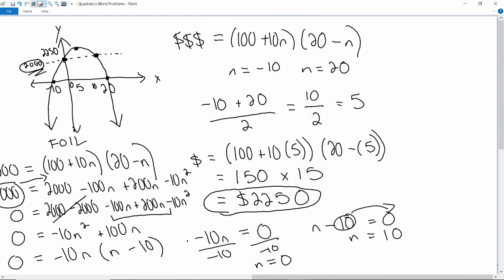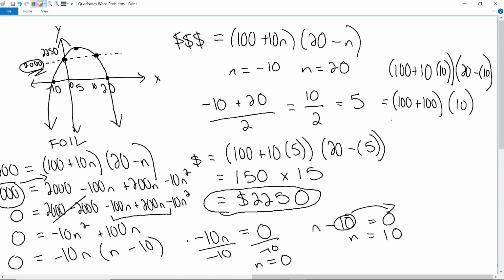If I have my original equation of 100 plus 10n, and I set the number of price changes to 10, I'm going to get 100 plus 100, and 20 minus 10 is 10.